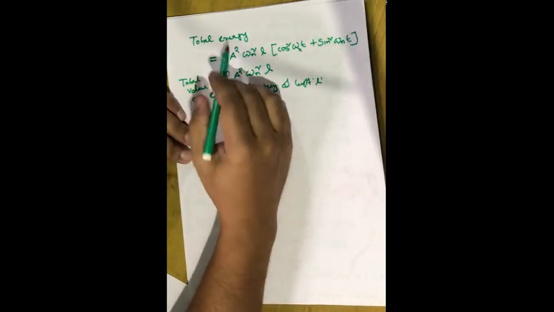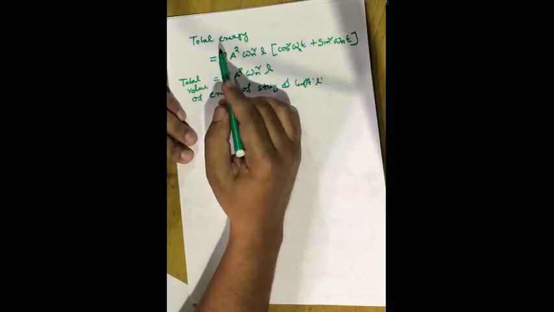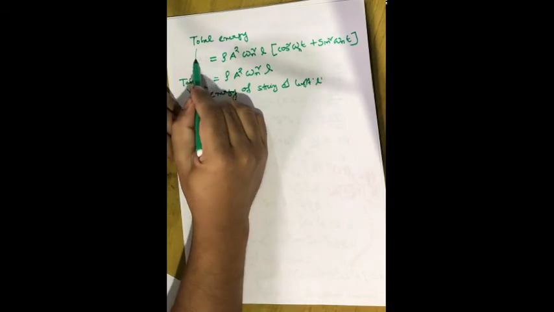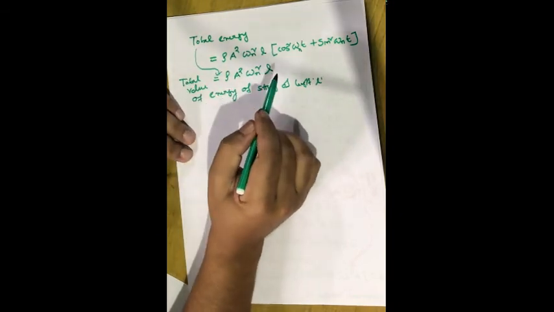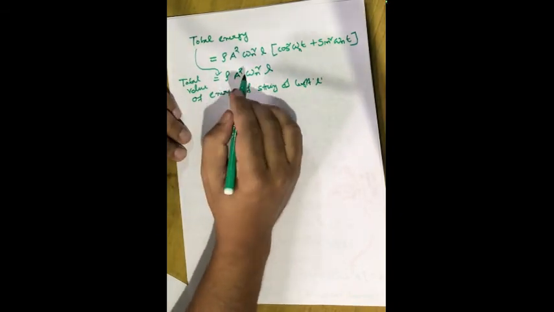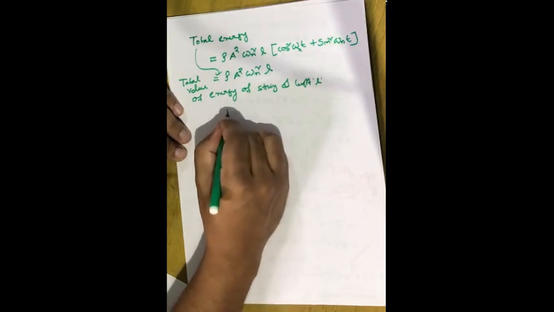The x positions of the minimum and maximum amplitude, or the zero amplitude, never change with time. So we don't need any time average for this total energy. This already is a time average, and the value we have obtained is rho a square omega n square into L.